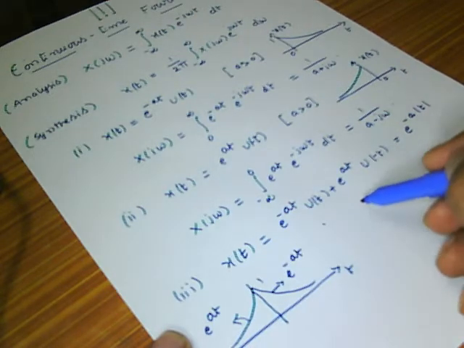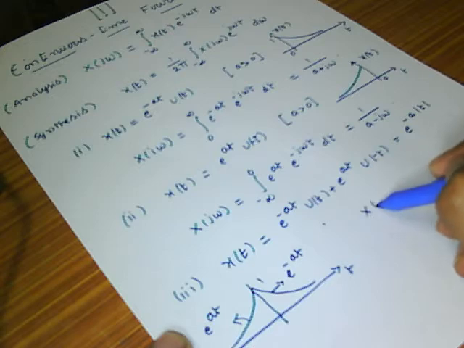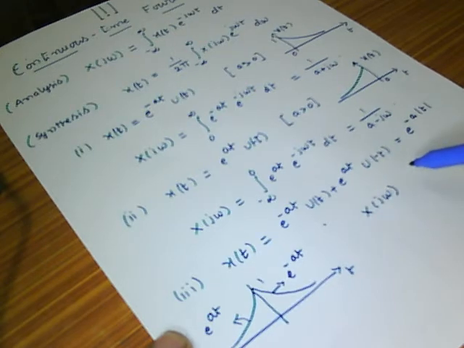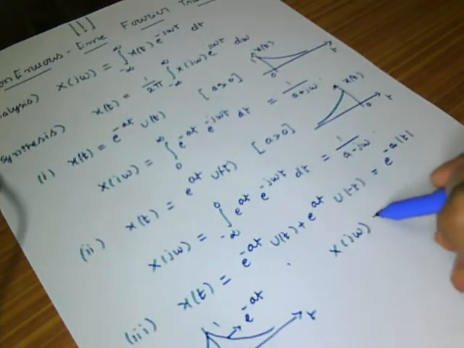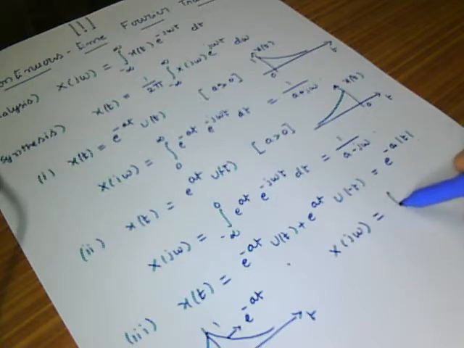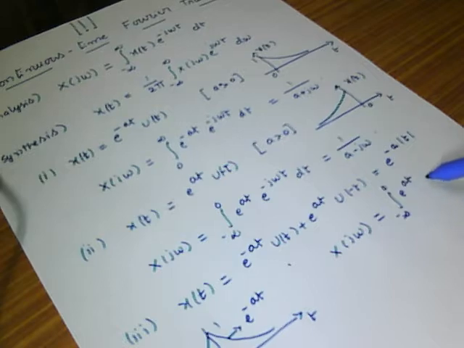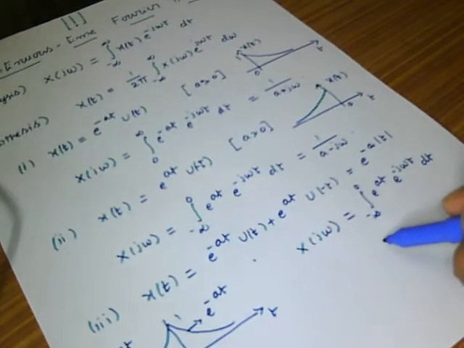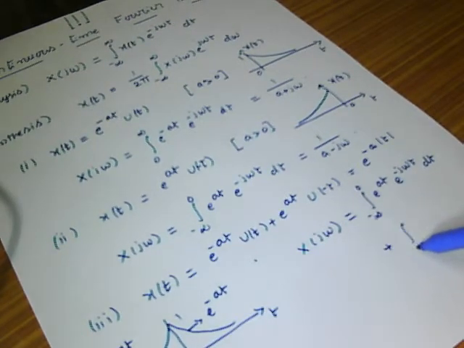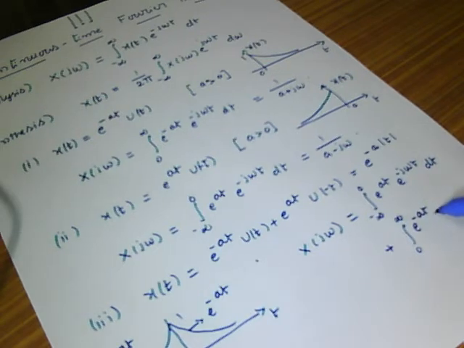If you find the Fourier transform of this signal, it will look something like this: integral minus infinity to 0 of e power at into e power minus j omega t dt plus integral 0 to infinity of e power minus at into e power minus j omega t dt.